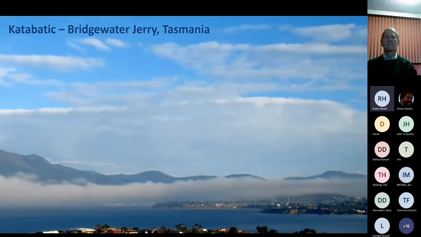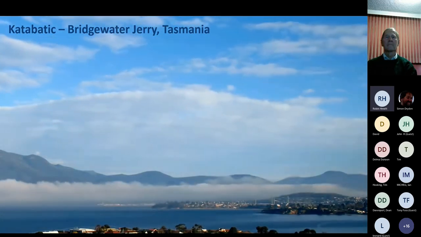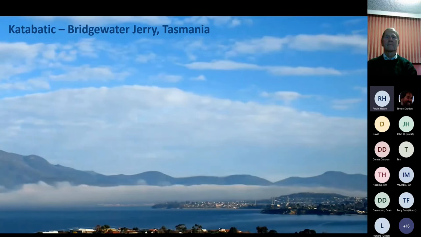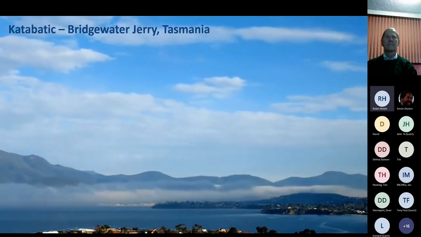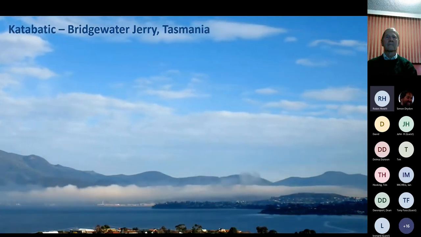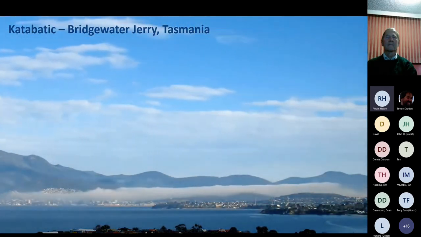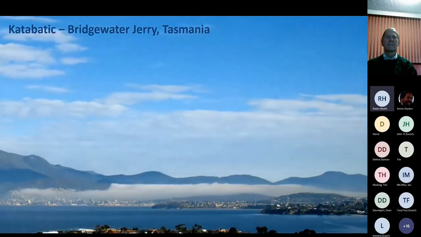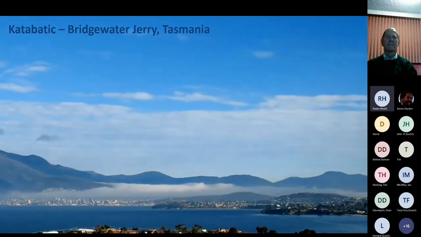This is a sped up diagram, but here you can see the cold air running down the valley in this katabatic. Just have a look, cloud formations, sky, the hills on the side. This has got a particular name. It's such a common phenomenon. It's called the Bridgewater Jerry.